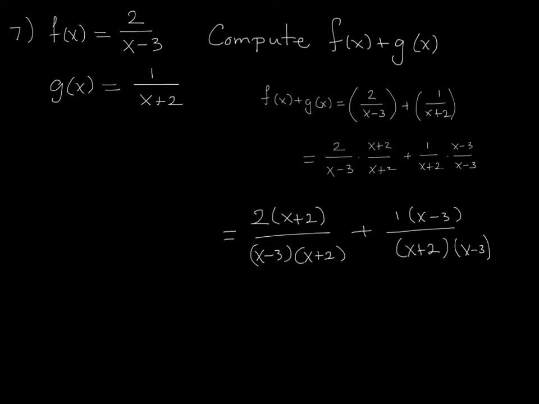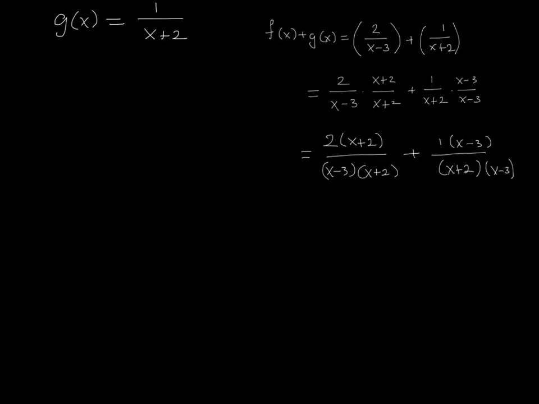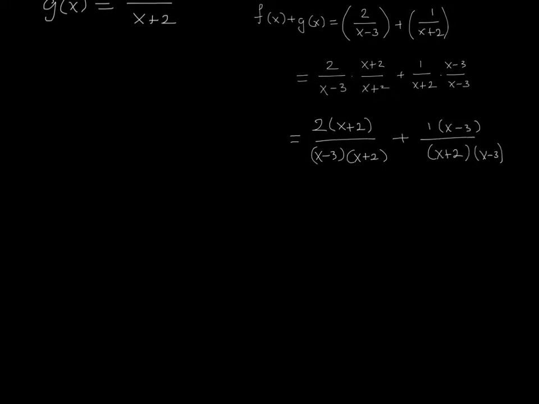And now you notice that we have a common denominator, x minus 3 times x plus 2. So now we can add these two fractions keeping the same common denominator. Once again, it's important to remember that this is how you deal with fractions. So it's nothing new.